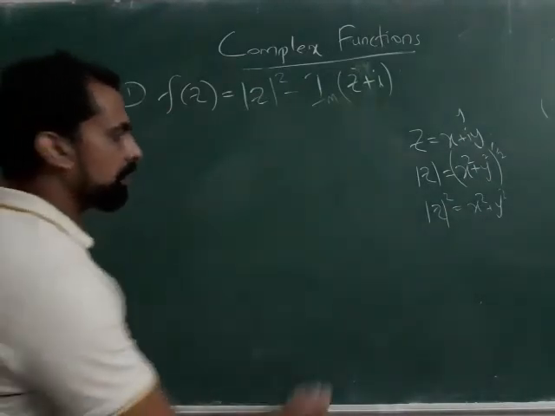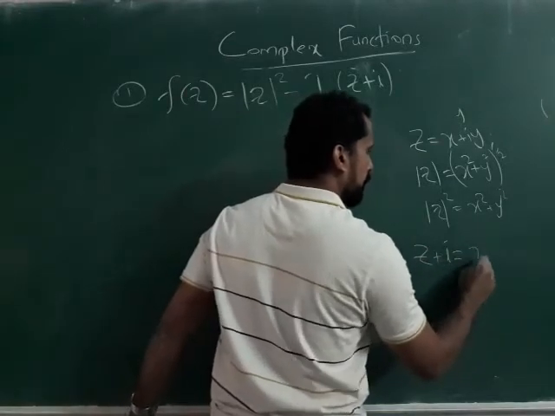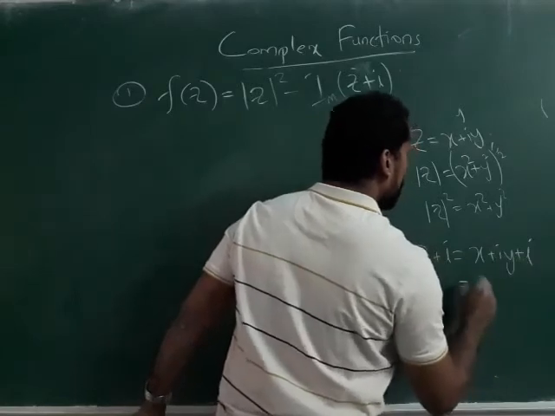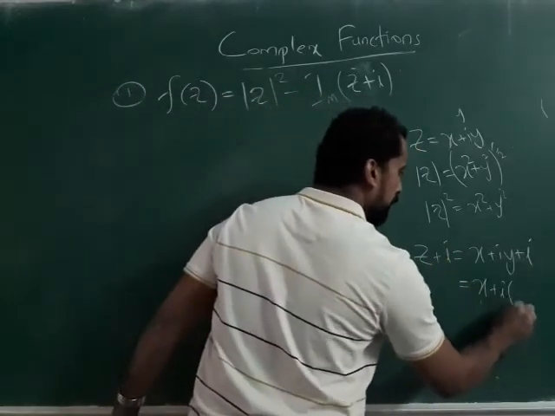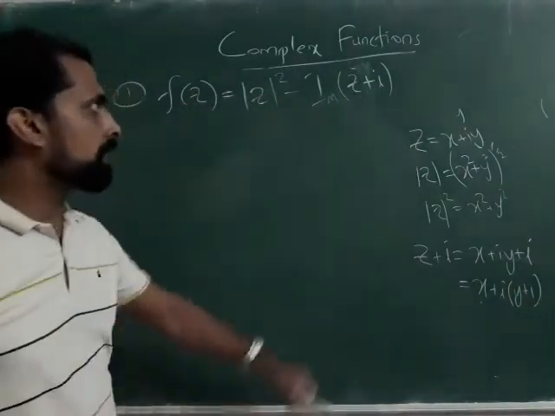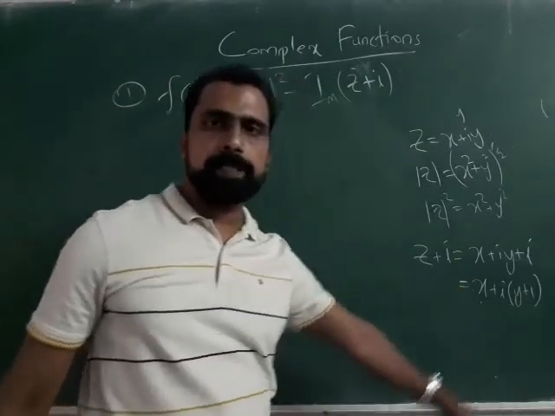z plus i is equal to x plus iy plus i. So this is x plus i into y plus 1. What about the imaginary part of z plus i? It is y plus 1.